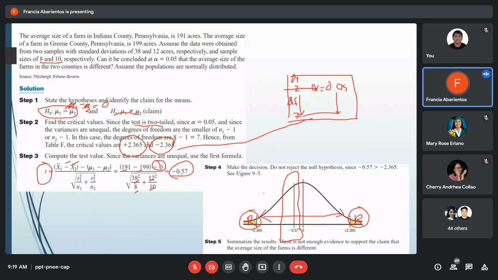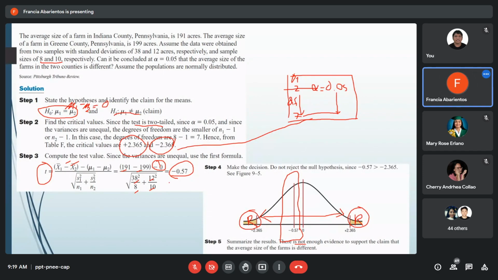So from this diagram, we can see that the negative 0.57 doesn't fall in the rejection region. So our conclusion is there is not enough evidence to support the claim that the average size of the farms is different.